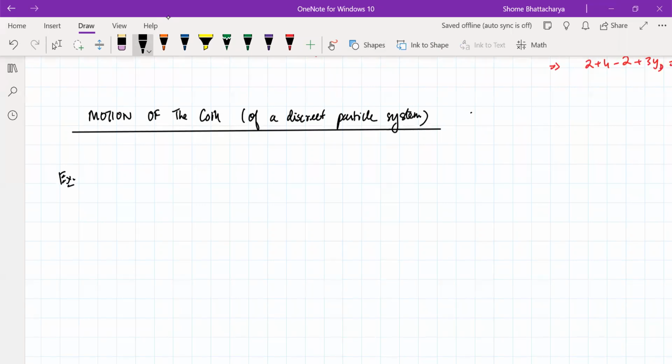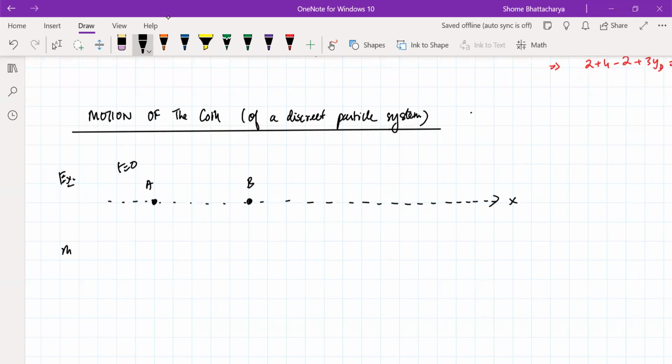So suppose we have a two particle system placed along our x-axis, and given that this is the situation at t equal to 0.